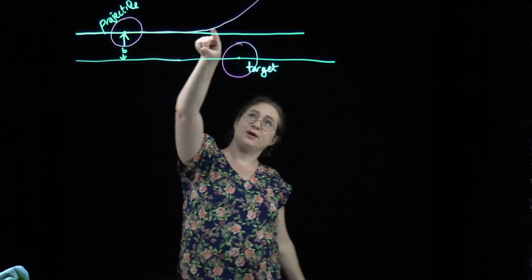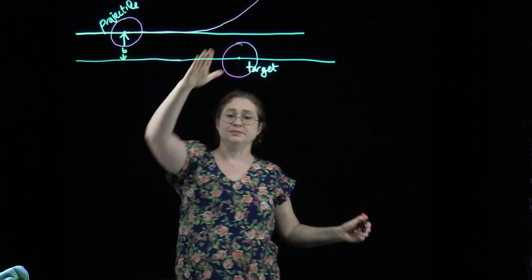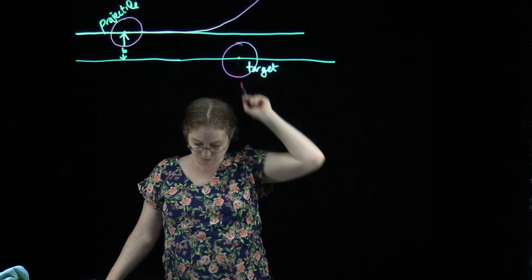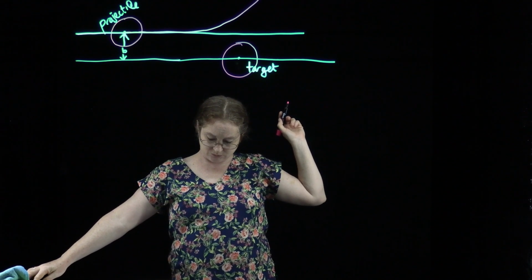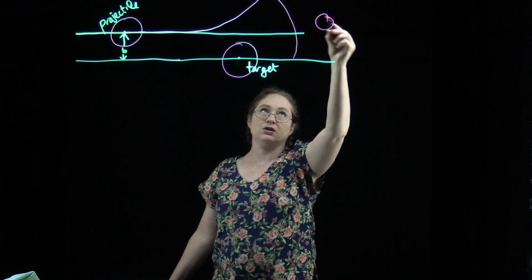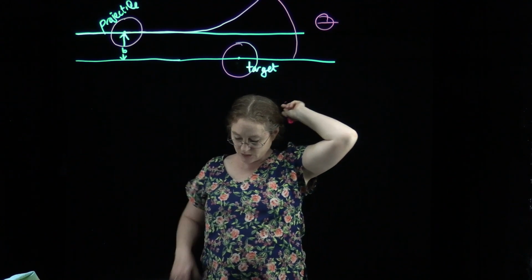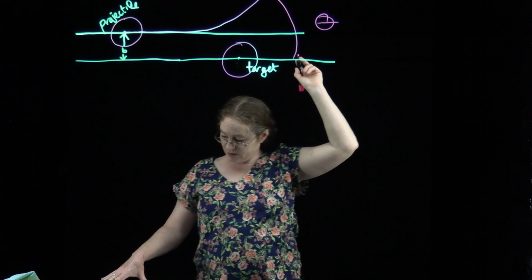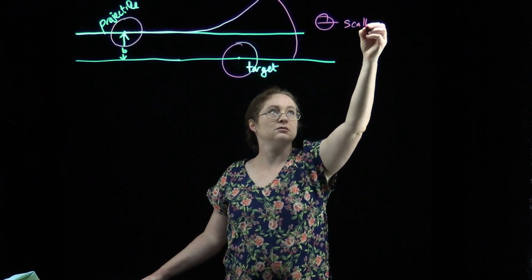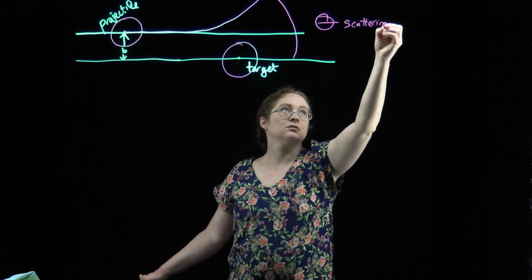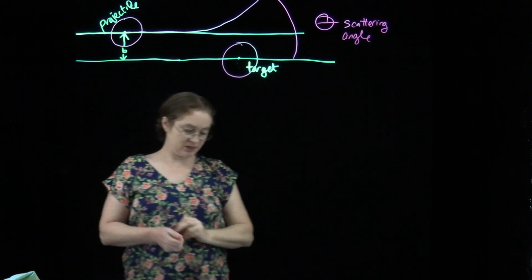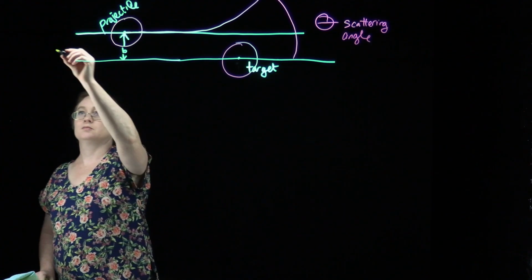And at some point near the target, it's going to have some structure. We define this angle theta as the scattering angle. And let me write over here that this guy is the impact parameter.